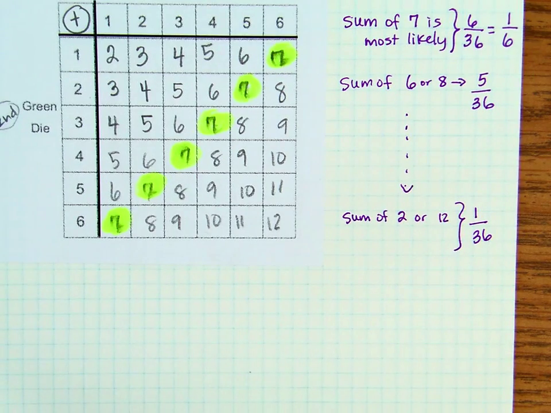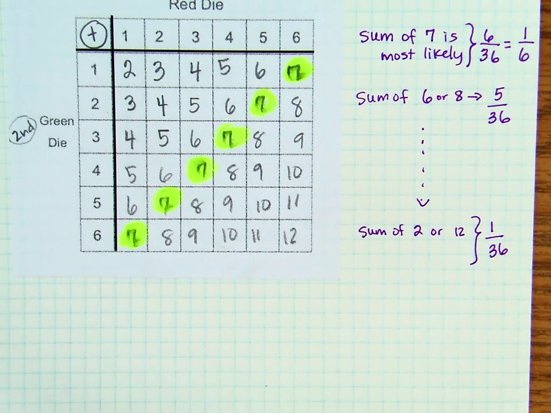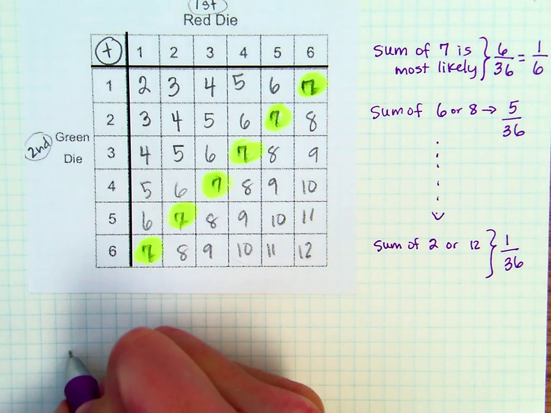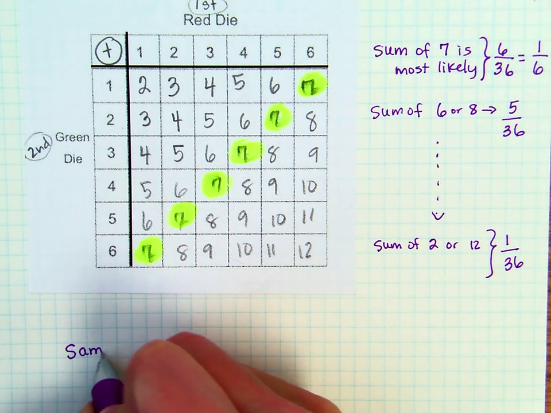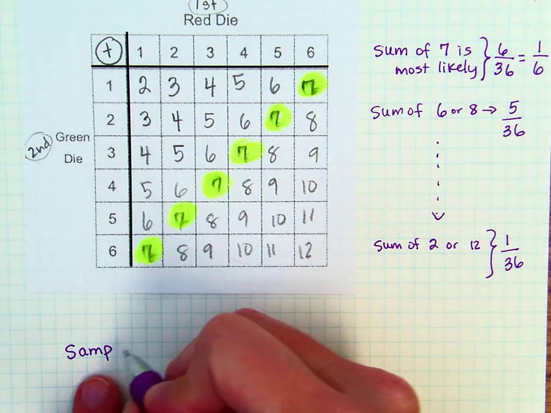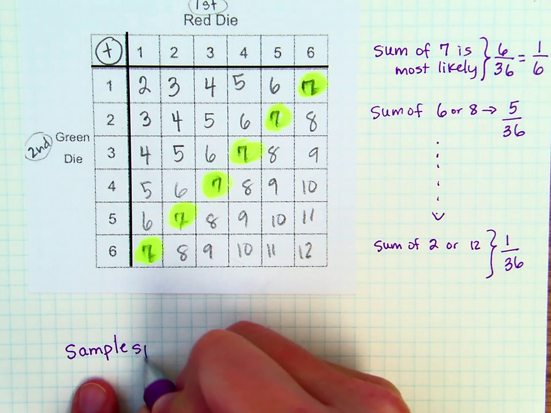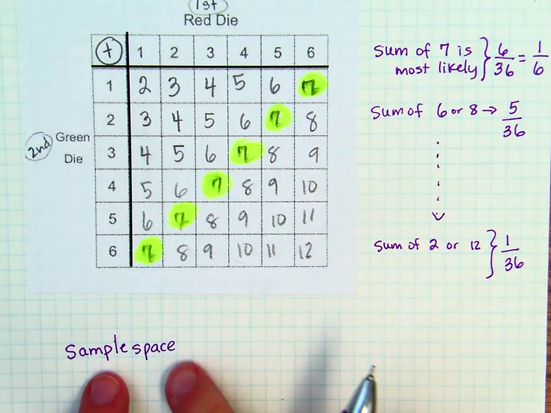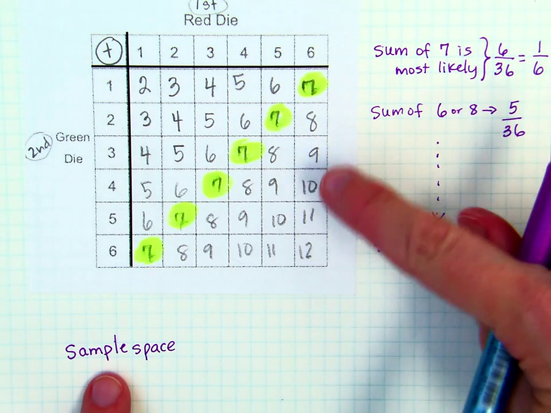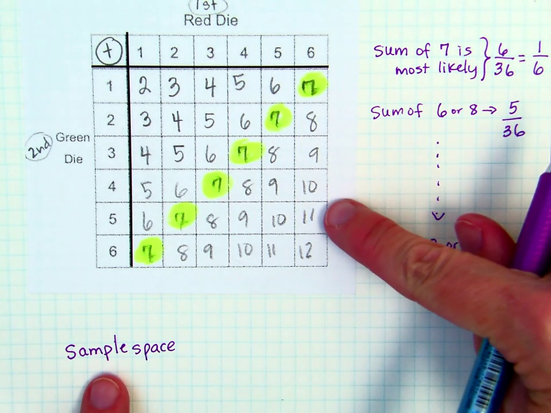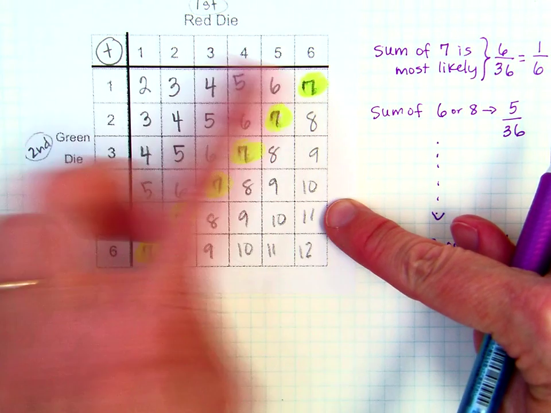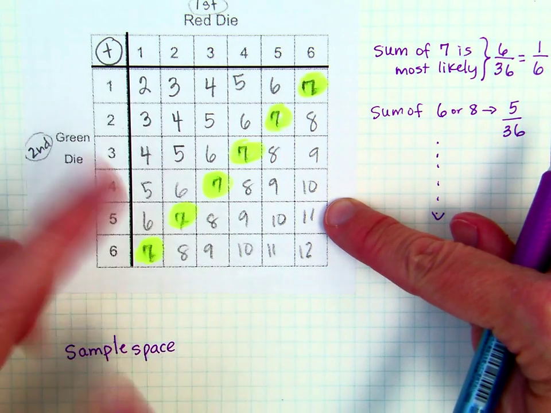One more thing that you need to put on this page in your notebook is sample space. The sample space is the list of possible outcomes. When we're talking about the sample space of rolling 2 dice and getting the sum, the sample space is not 1, 2, 3, 4, 5, 6 and 1, 2, 3, 4, 5, 6. It's what the sum would be.